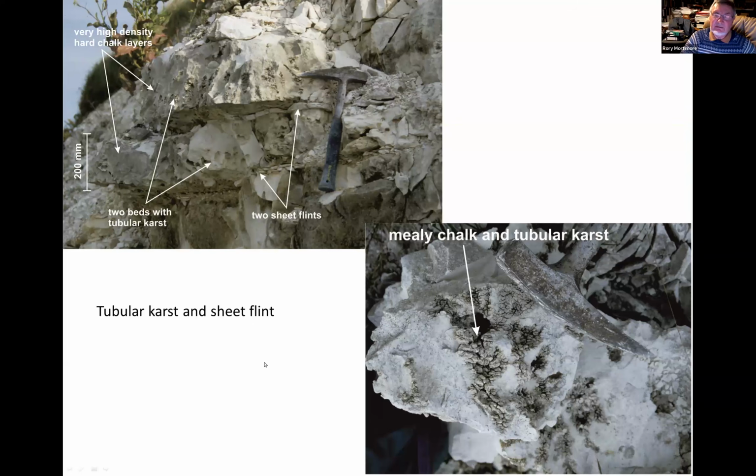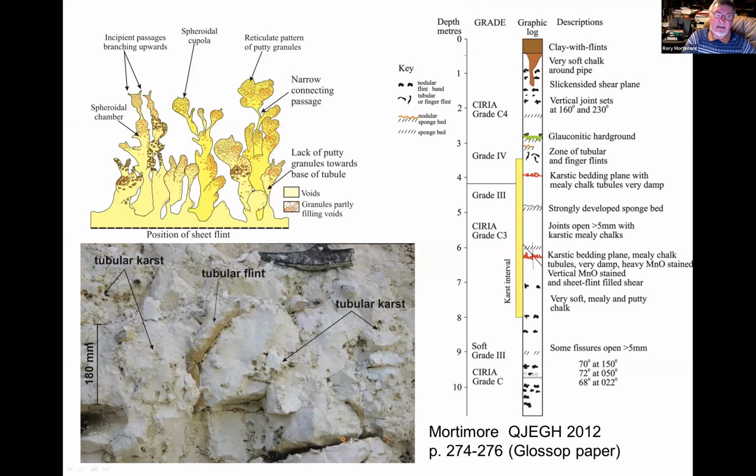And we can see that past karst has developed also on these sheet flints. Here are two sheet flints, and above the sheet flints, you're getting this wonderful mealy textured, dissolved out tubular karst. This happens to be in Dorset. This one is locally in the Sussex Downs, and there's another sheet flint here. We actually had a section of nearly 20 meters of chalk which had dissolution in it like this.